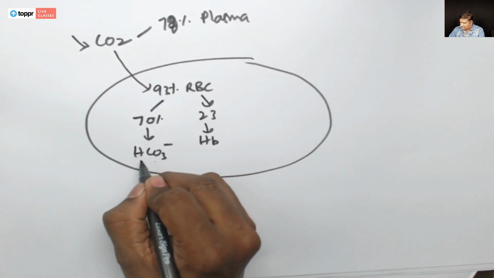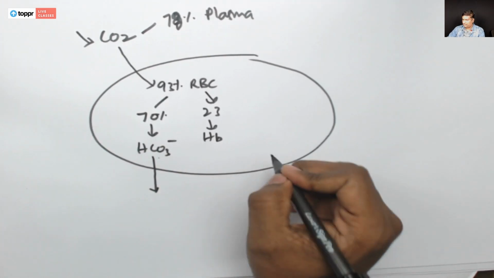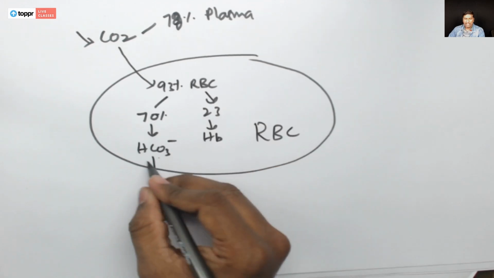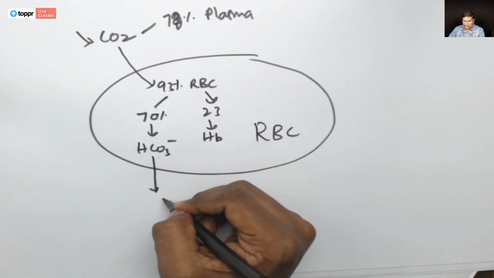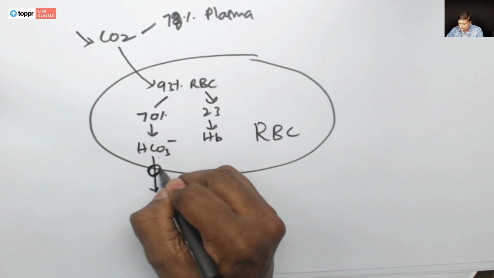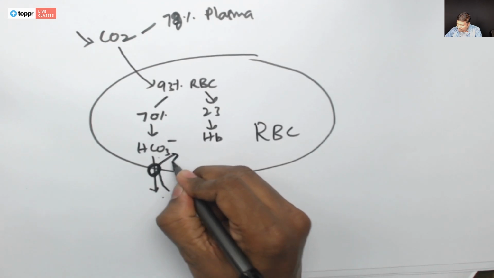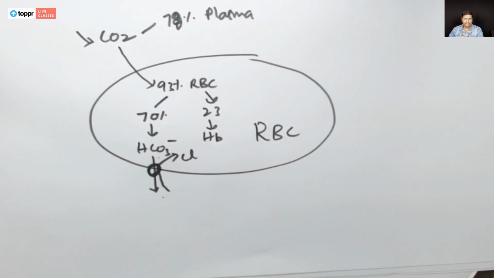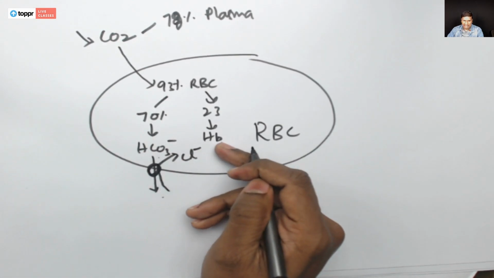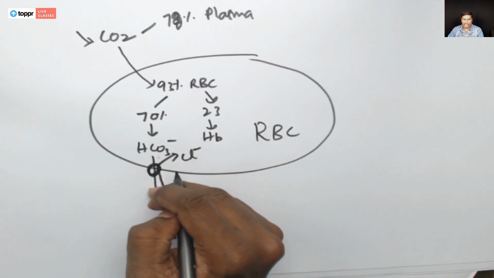Now this 70% bicarbonate is pushed out of the RBC. It cannot be pushed out directly because it is a negative ion. So you have a transporter here which is pushing it out and taking in chloride. An exchange is happening. Chloride is being taken inside the RBC, and at the same time bicarbonate, another negative ion, is being pushed out.